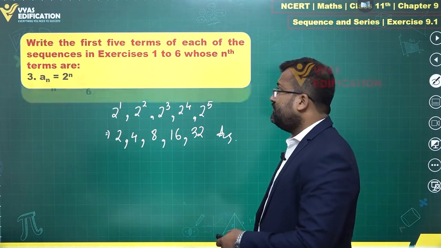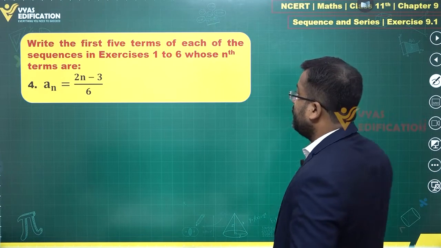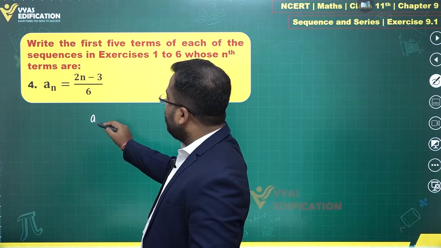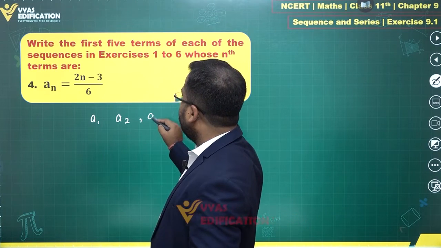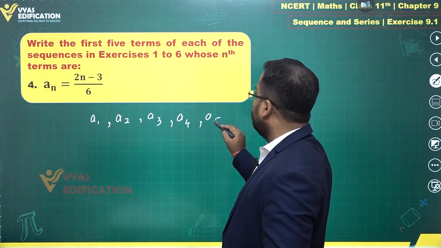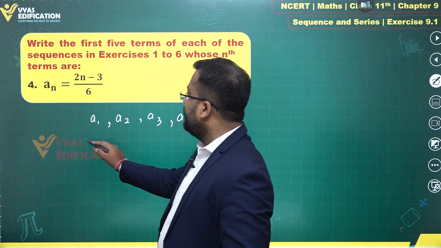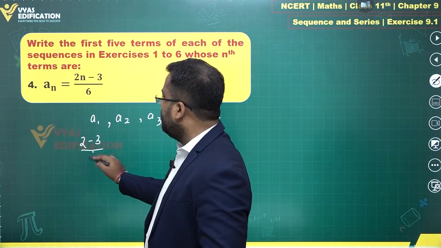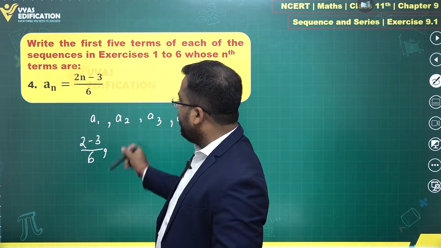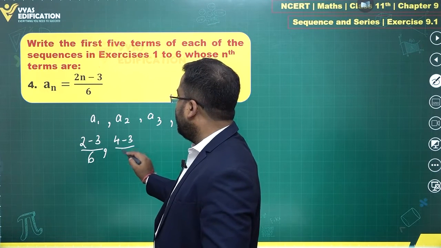In the fourth question we have AN equals 2n minus 3 upon 6. What will be the value of A1, A2, A3, A4 and A5? So A1 will be 2 minus 3 upon 6. A2 will be 2 into 2, 4 minus 3 by 6.